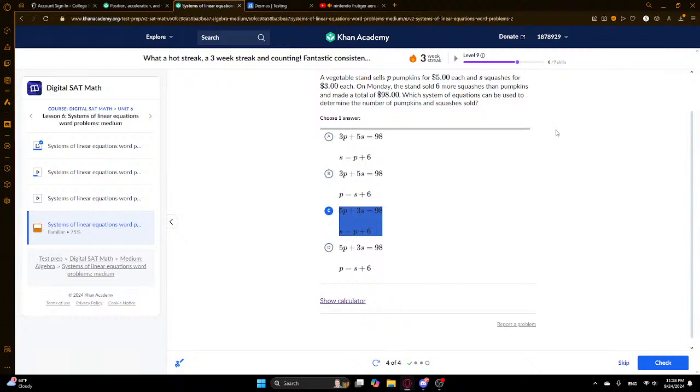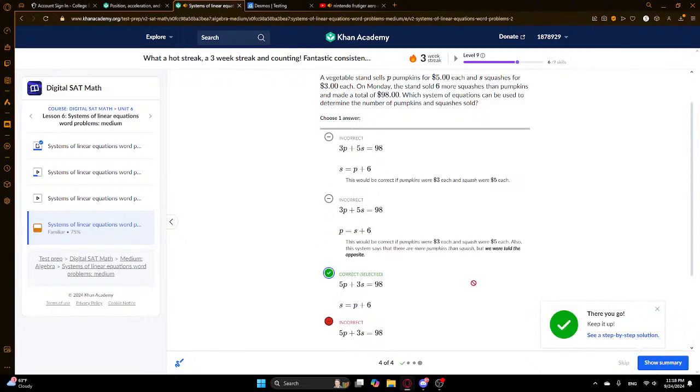So that's 5p. Where pumpkins equals squash plus 6. How is it this one? Where squashes equal pumpkin. What?